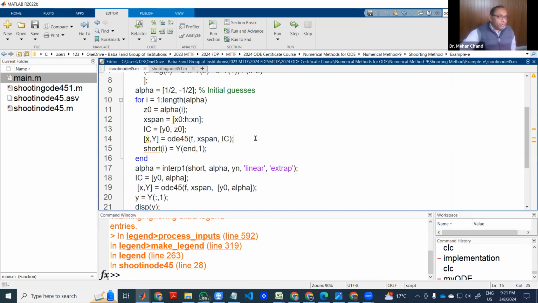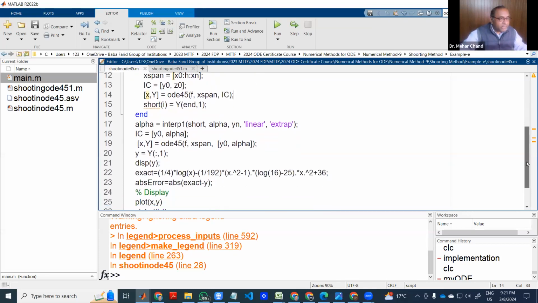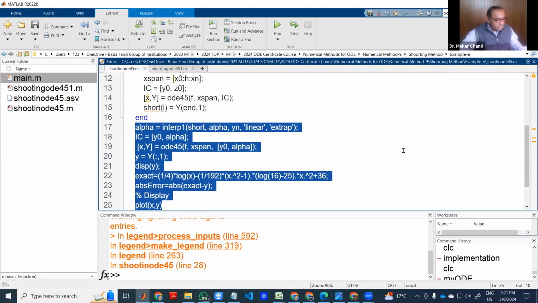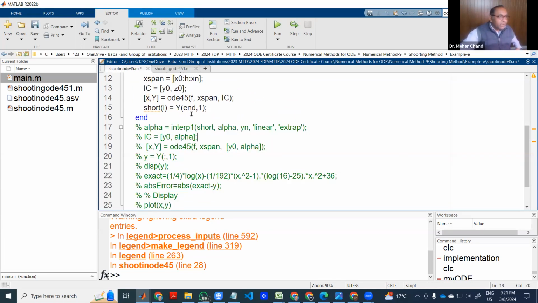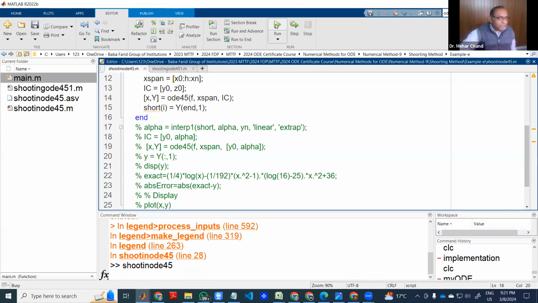So here, just 1 minute, I want to comment these equations. First, I am commenting this equation. Control R. Okay, and Shift I. When we execute these equations and this system of equations, see what happens.